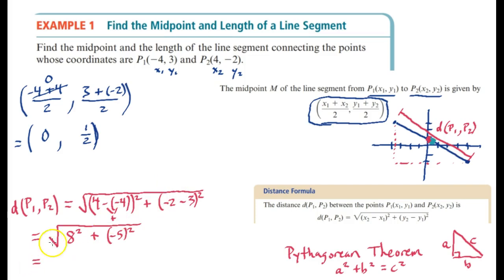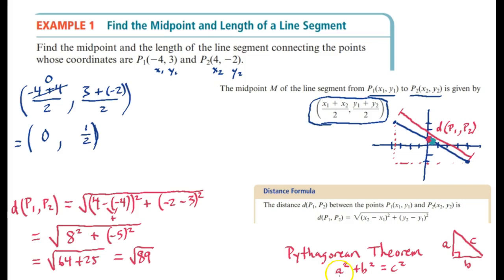We have the square root of 64 plus 25, and that gives us the square root of 89. So that is the exact solution.